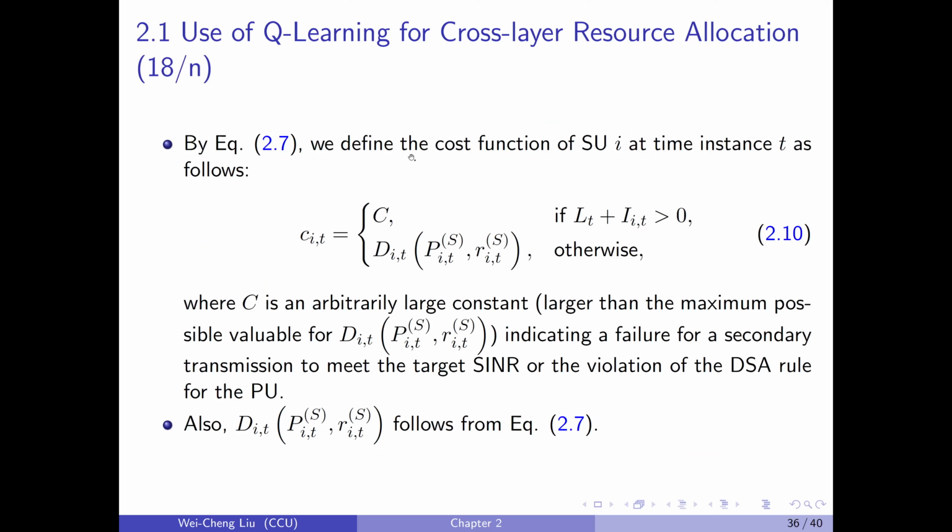We define the cost function of secondary user I at time instance t as follows. Small c_i^t is equal to capital C if L^t plus I_i^t is greater than 0. What does this condition mean?